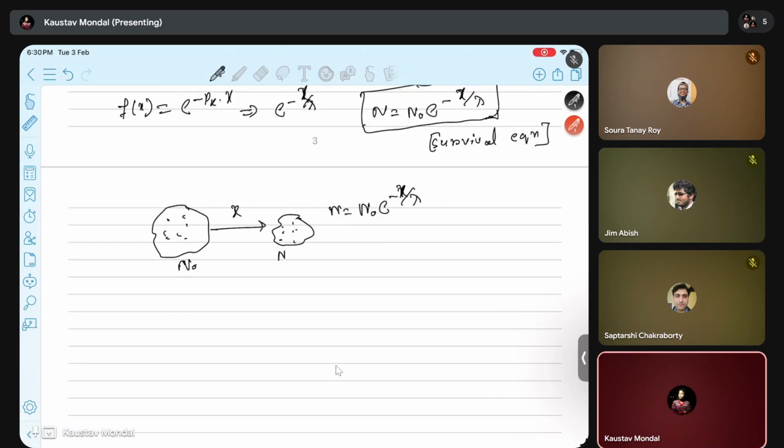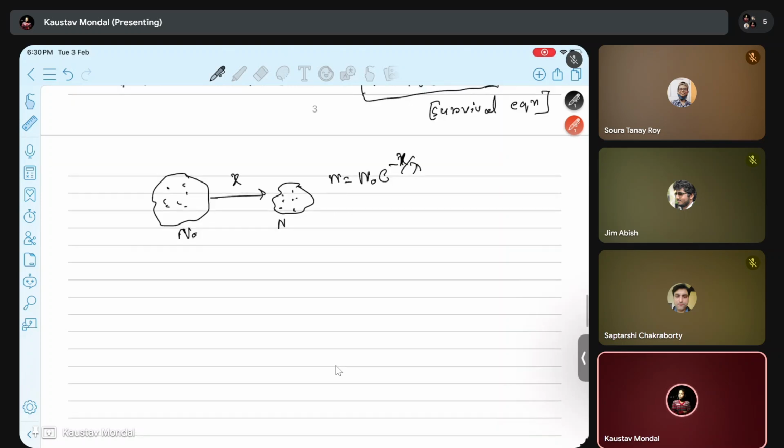In a similar way, you can also calculate the tau, the mean collision time. Let's suppose at a particular time t equal to 0, a particular gas assembly is there.